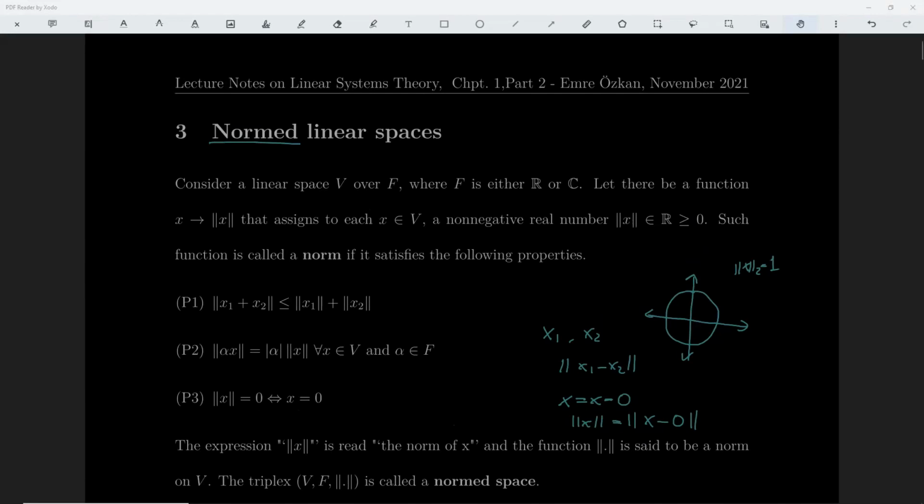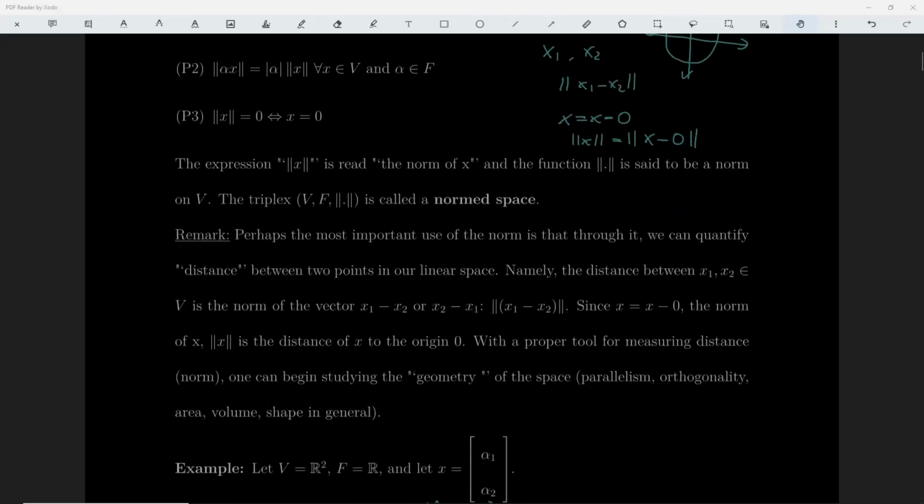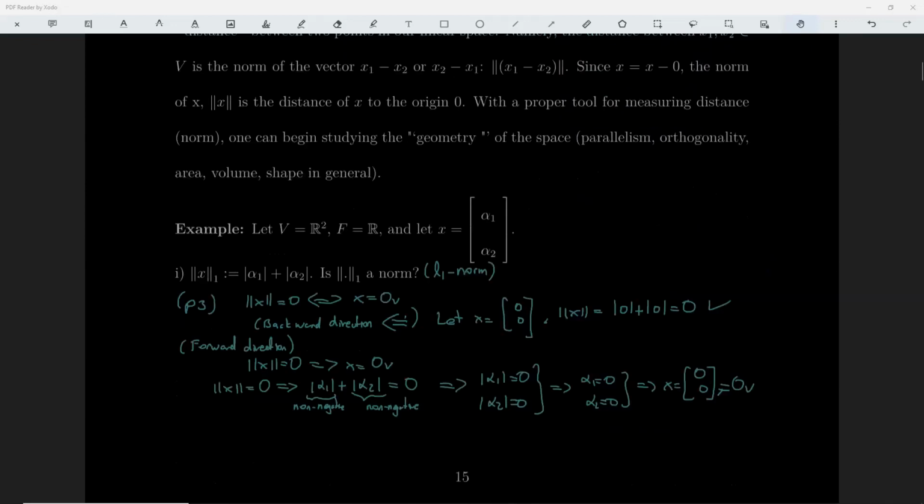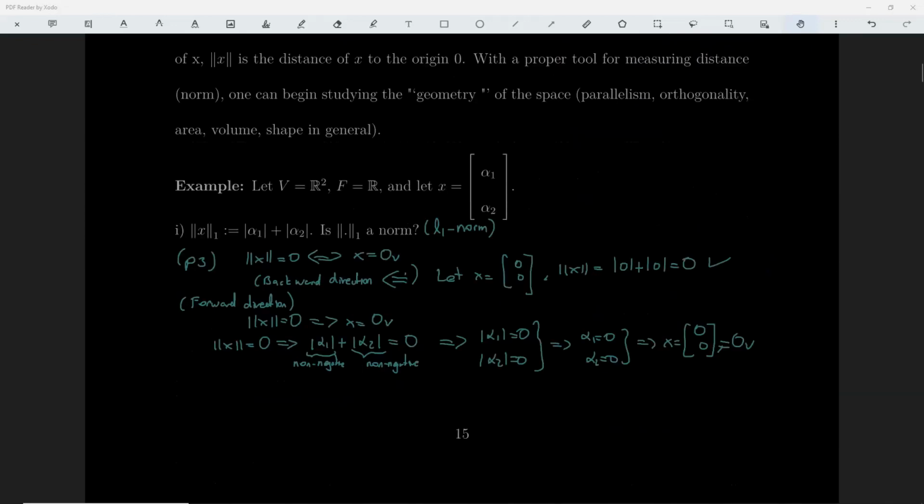And those values should be equal to 0 if and only if the input to that norm function, I mean the x, is equal to 0. So that was the main definition we talked about in the previous lecture, and we saw some examples, and with those examples we tried to show that the axioms of norm are satisfied for some functions.